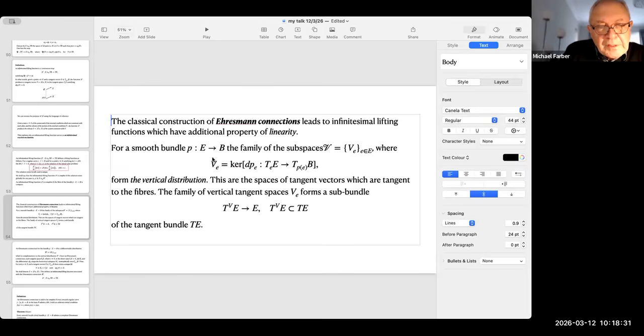We have this smooth bundle P, and we have this family of vertical spaces. These are vectors which are tangent to the fibers of the fibration. So they lie in the kernel of the differential. They form what is called the vertical distribution.